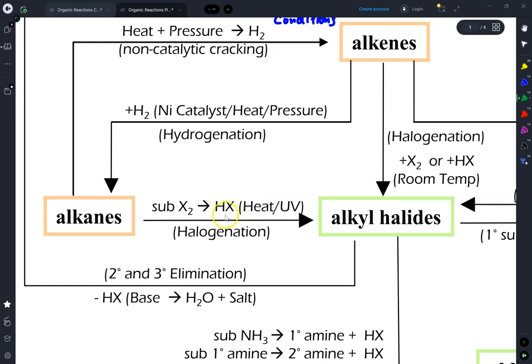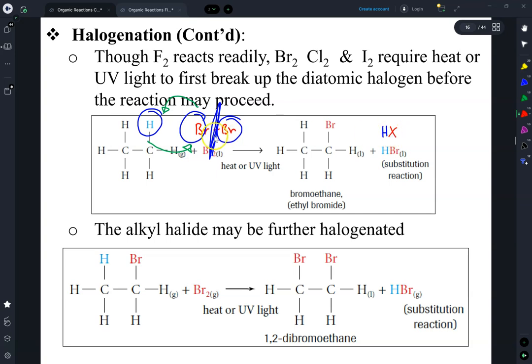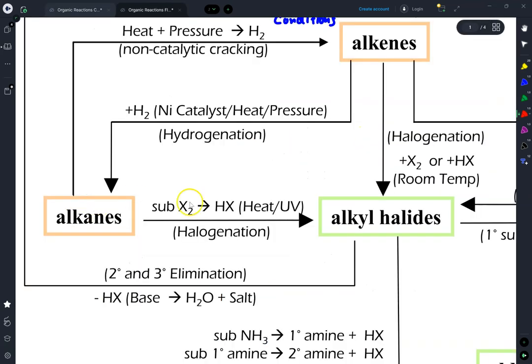So HX, where again X represents whatever halogen you added on. In this case, it was a hydrogen bromide. But if you were reacting with chlorine, it would have been HCl. I have also included the reaction conditions, heat and UV light, though I might want to add in that fluorine gas does not require these conditions.